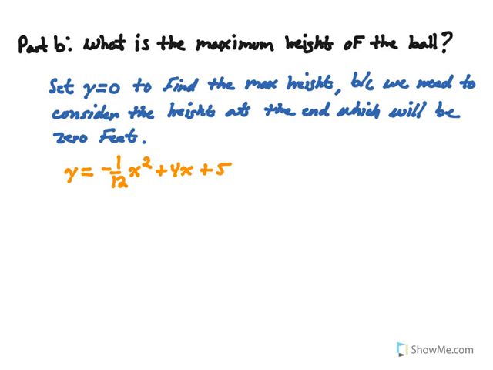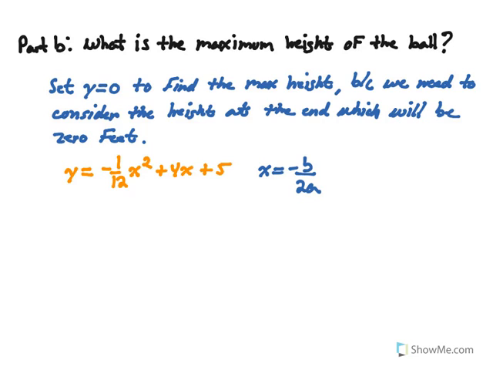The max height is going to be the vertex, so we need to find the vertex of this. We have a quadratic function in standard form, and we want to find the vertex from that standard form. Remember the vertex equation? We said it was x equals minus b over 2a.